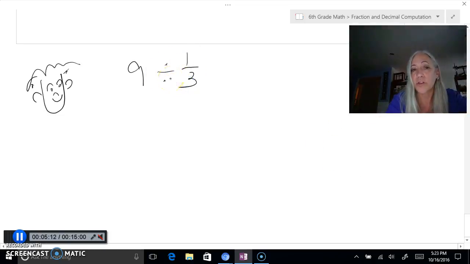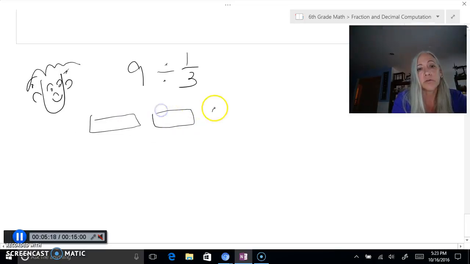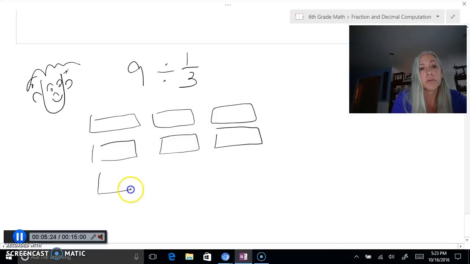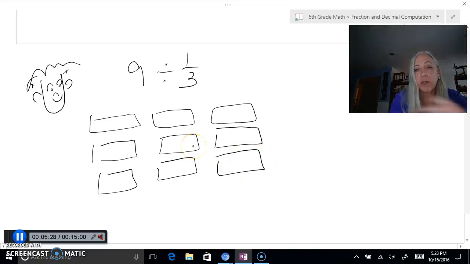So the first thing we're going to do is draw 9 blocks. Okay, there's our 9 blocks of cheese. And what are we going to divide those into? Groups of 3. So let's put in 3.